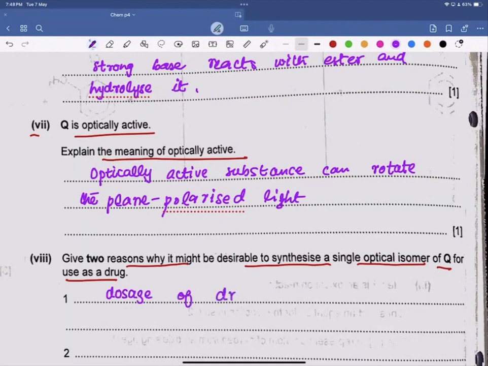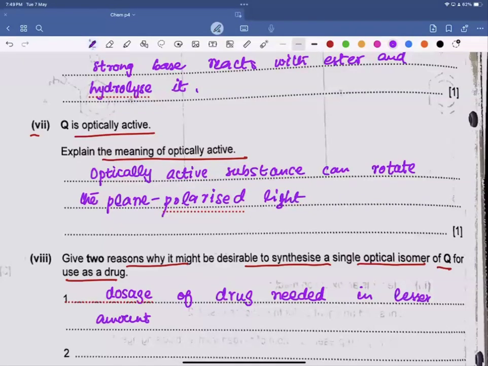The dosage of drug needed is in lesser amount.